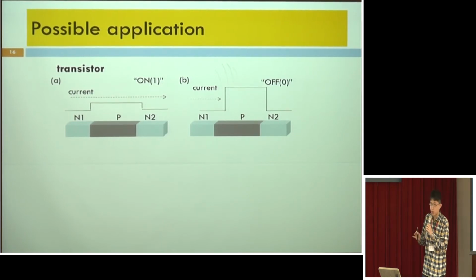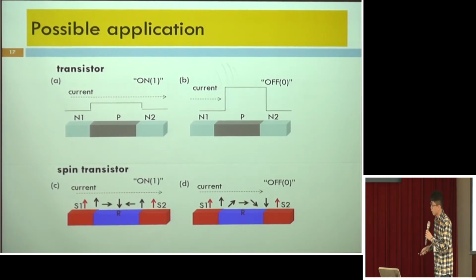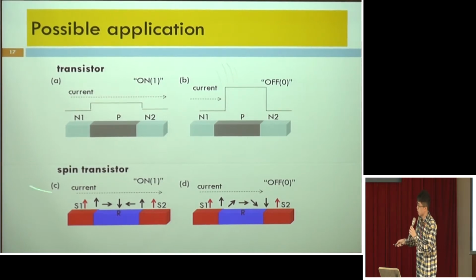The next generation devices need to be faster, smaller, and energy saving. So one possible way is to develop a spin-based transistor. We can use the Rashba effect to flip the spin to control the on and off.